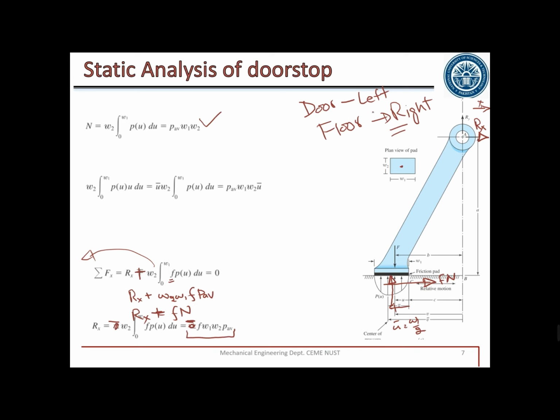For left floor motion, I am just writing it: this will be minus, this will be minus, this will be minus, and this will be plus. I just changed the color for minus and plus for left floor motion.